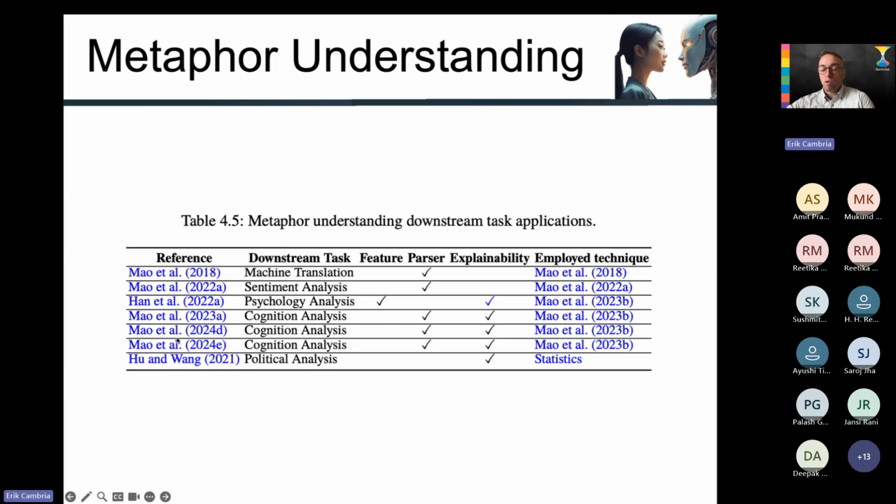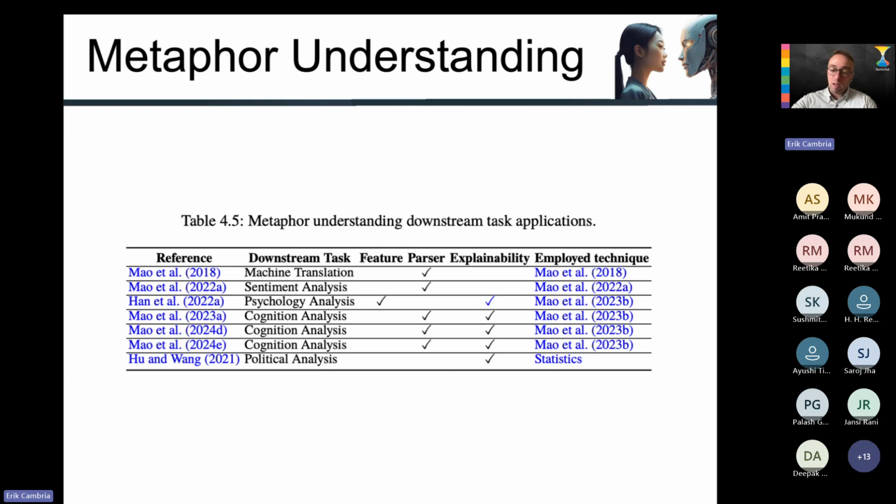Metaphor is very useful for understanding how people perceive some topics, sometimes in an unconscious manner. When you do polarity detection, you're mostly looking at what people write and explicitly express as their opinions.